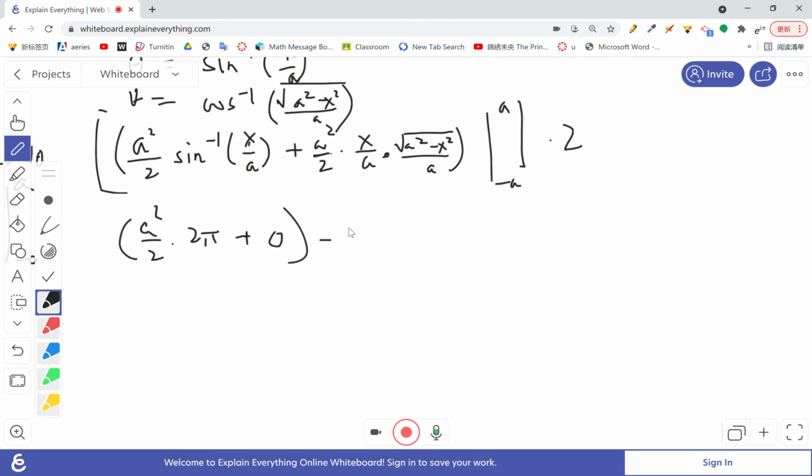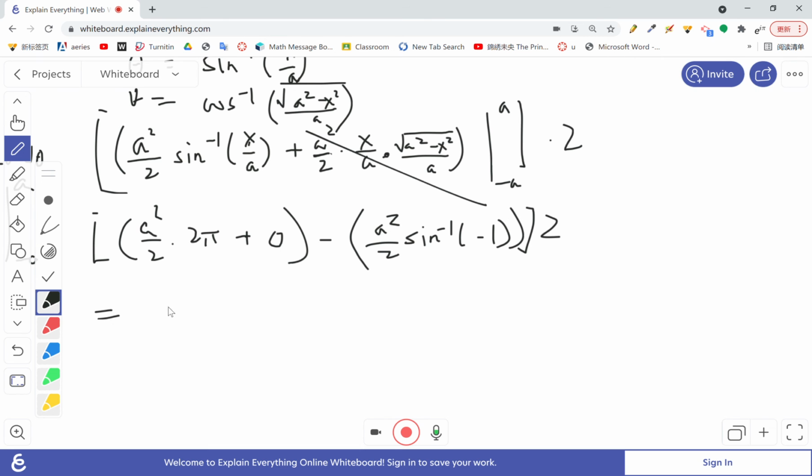Minus a squared over 2 times arcsine of negative a over a, which is the principal value, arcsine of negative 1. The middle term is always going to be 0. And this entire thing is multiplied by 2.